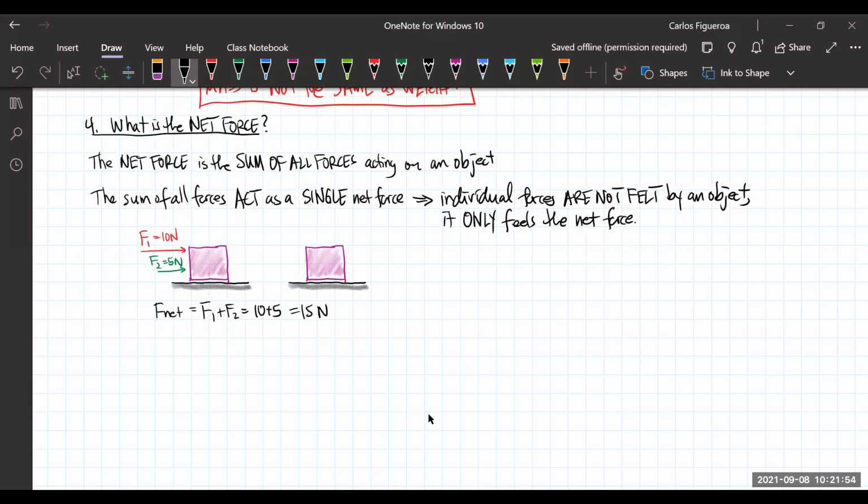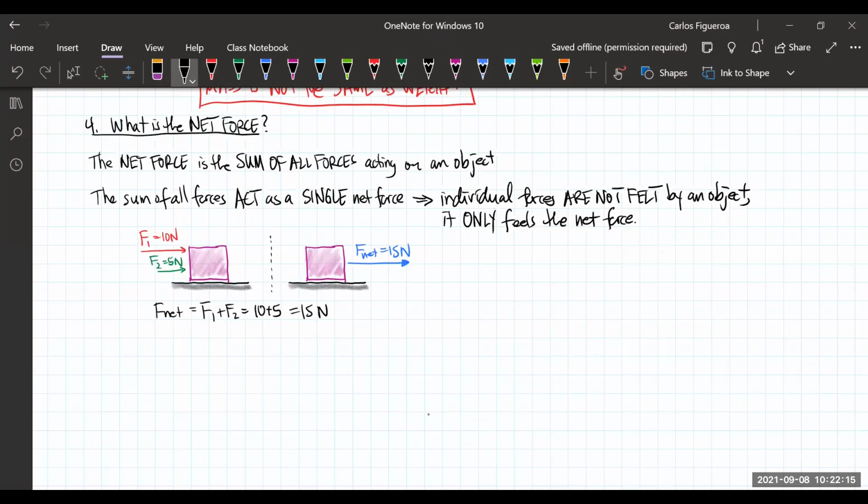As far as the object is concerned, there's only one force acting on it. What is this force? The net force is not 10, it's not 5, it's 15 newtons.